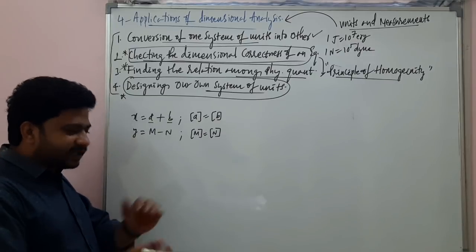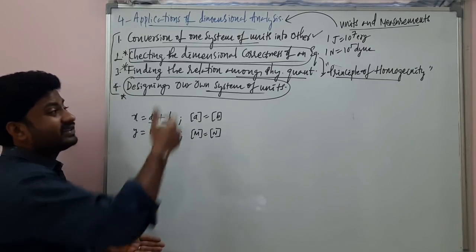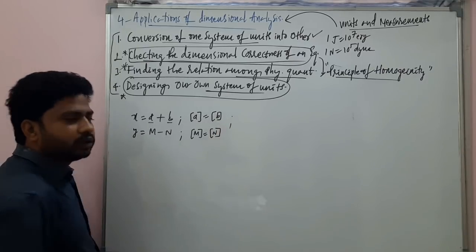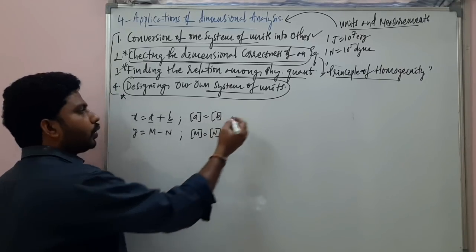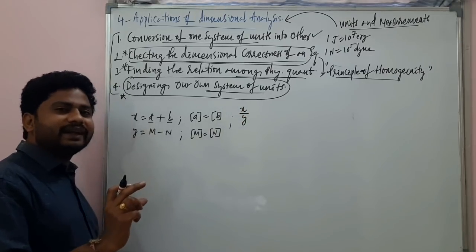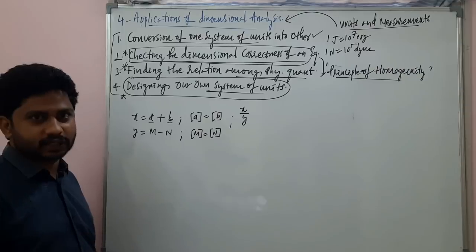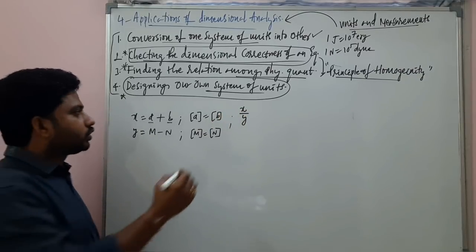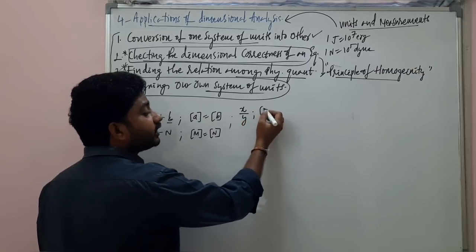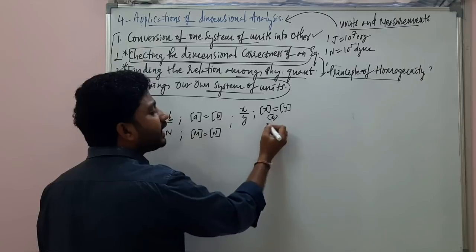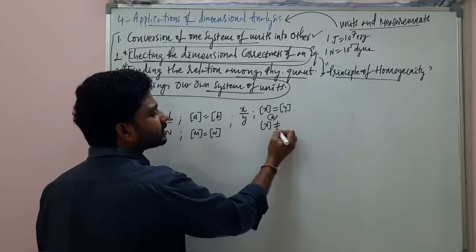Before moving to the second part of the principle of homogeneity, look here: there is no rule for the division and multiplication of physical quantities. To divide two physical quantities, the two may or may not have the same dimensional formula.